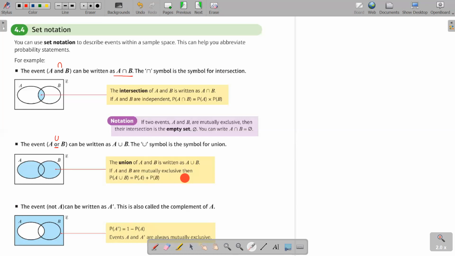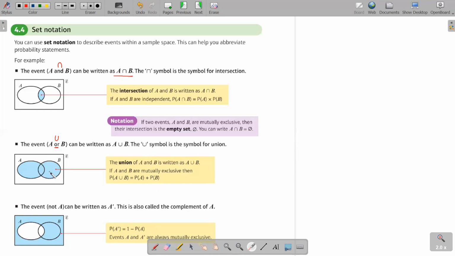If A and B are mutually exclusive, as we spoke about in the previous part, then P(A union B) is P(A) plus P(B). That's when the circles don't meet. But over here, our circles are meeting, so they are not mutually exclusive.